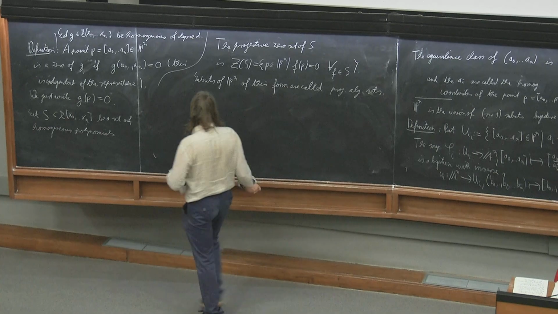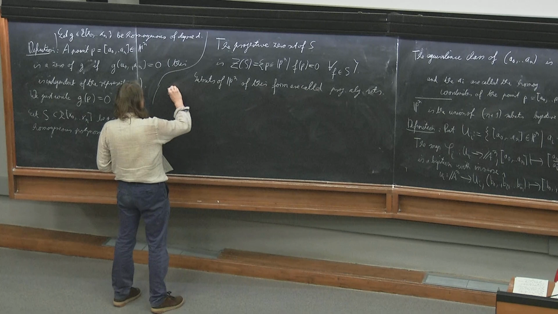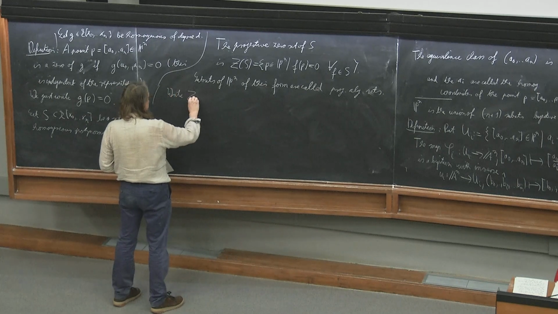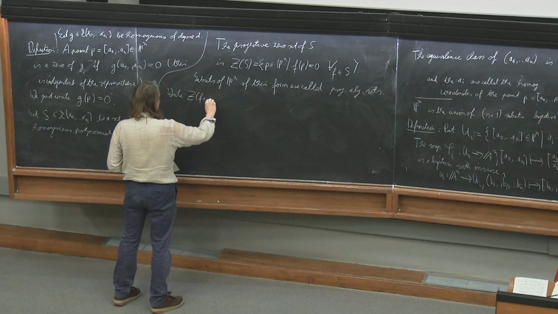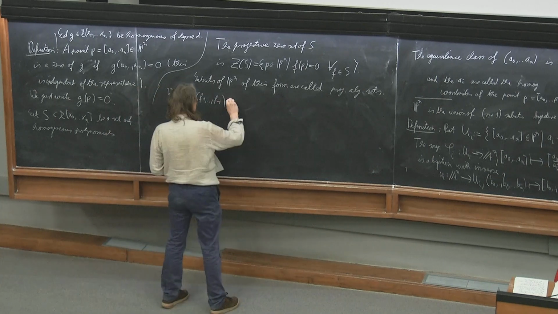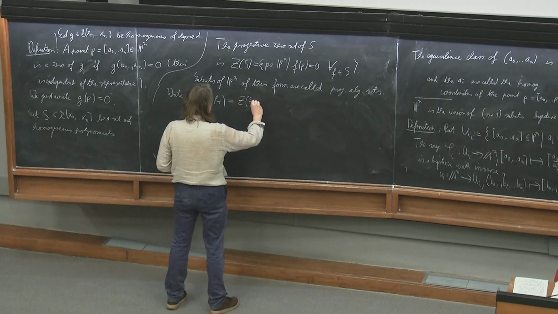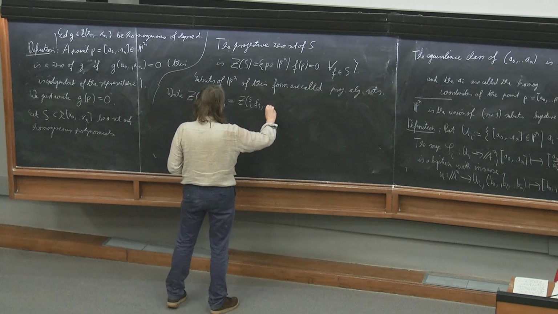And obviously, I will also write Z of F1 to Fr instead of the set of these.